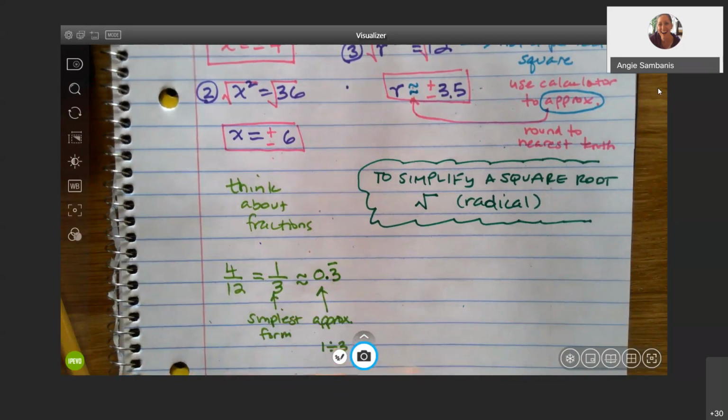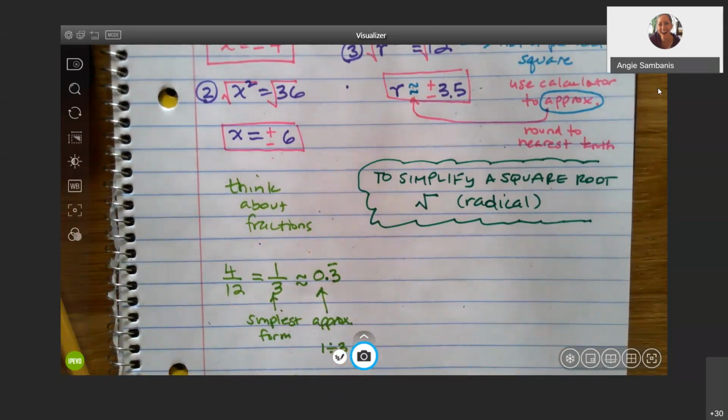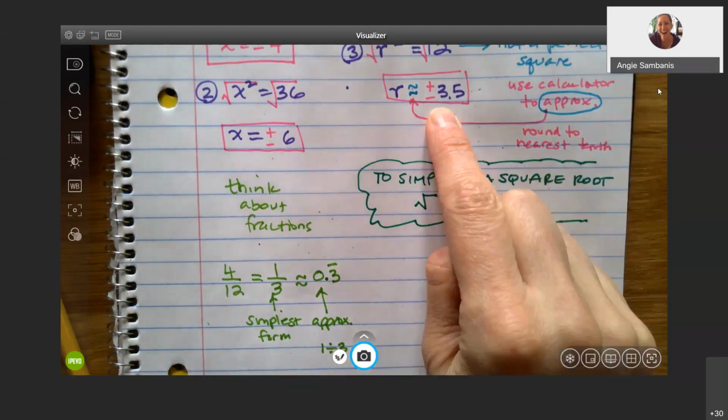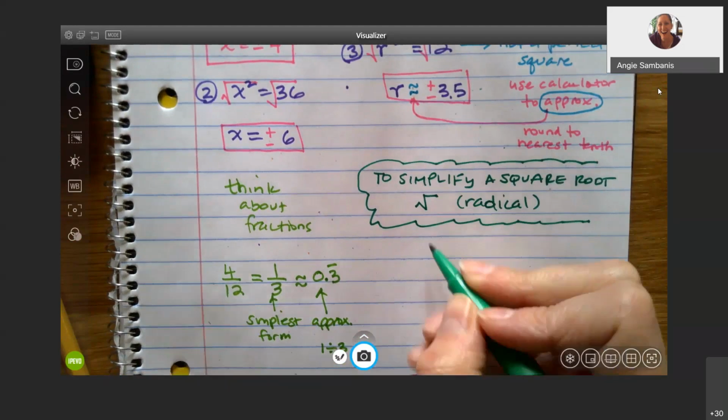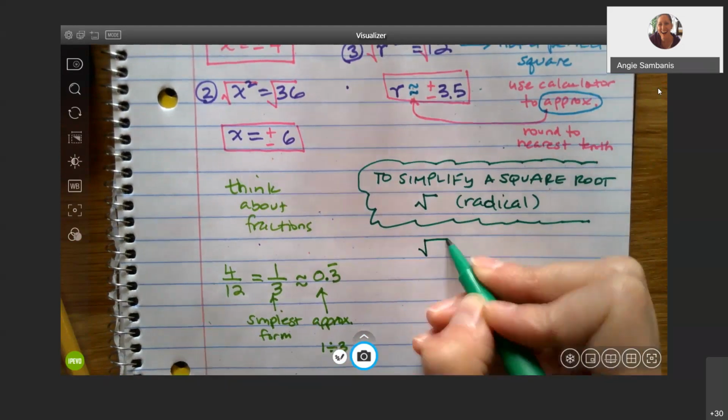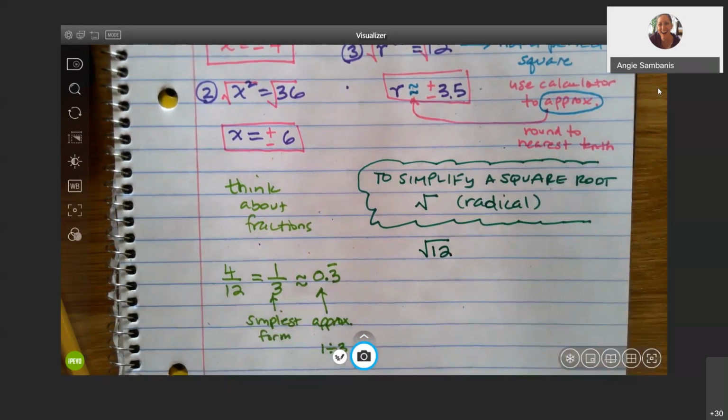The same thing can happen with radicals. We have a decimal approximate, or we can simplify. To simplify a radical, we're going to break down the radical to its prime factors.